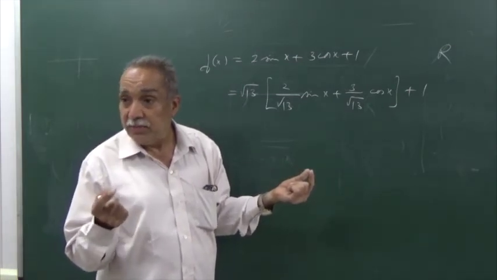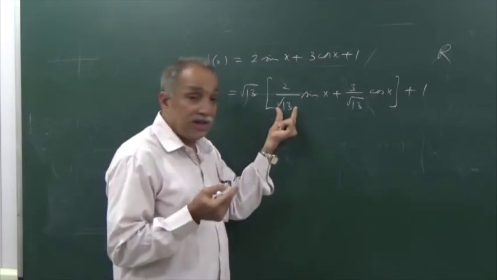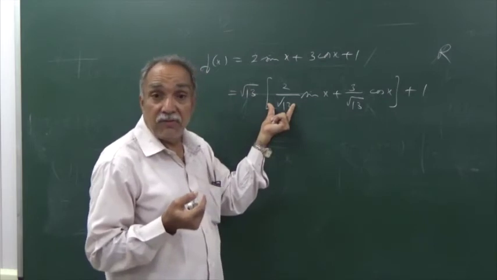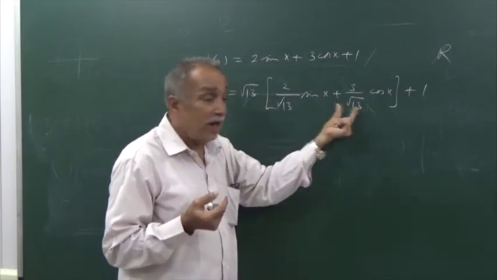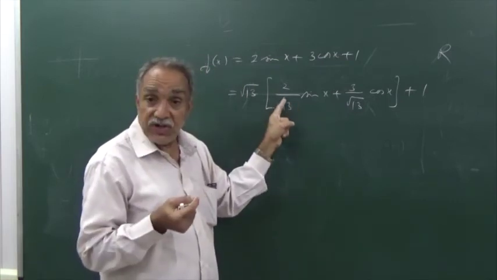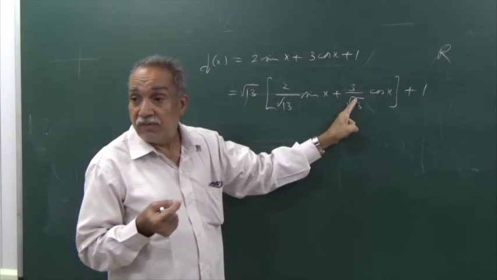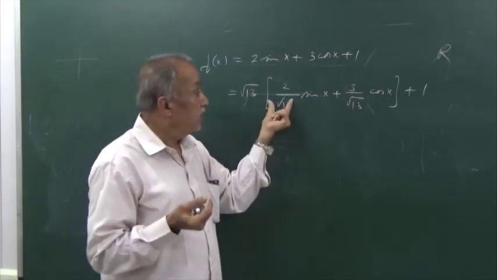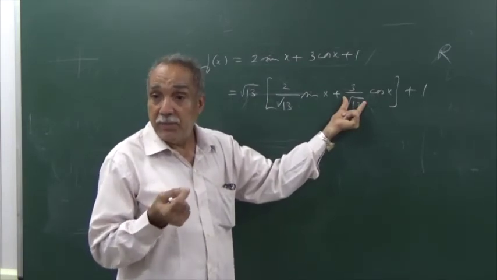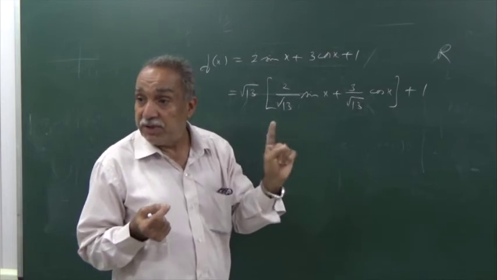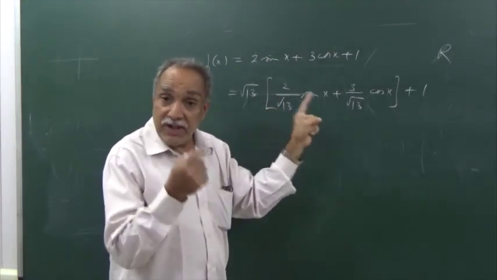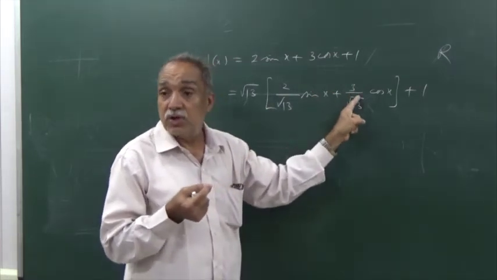Agree? That means because this is less than 1, there exists an alpha such that this is equal to sin alpha. Because this square plus this square is 1, for the same alpha for which this is sin, this will be cos alpha. Or I can even make this cos alpha and this sin alpha. Because the sum of the squares of the numbers is 1, the alpha for which this is sin alpha will be equal to the beta for which this is cos beta.